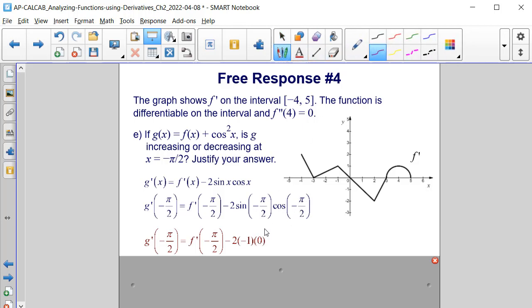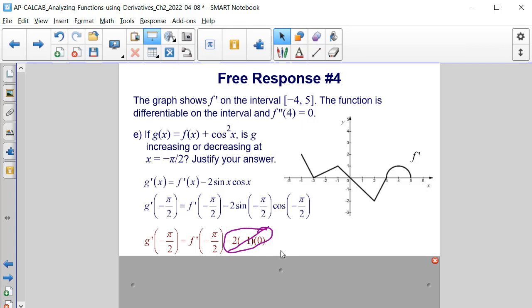Since we have the 0 here, this last term goes away because any number times 0 is 0. So what we have remaining is that g prime of -pi/2 is equal to f prime of -pi/2.